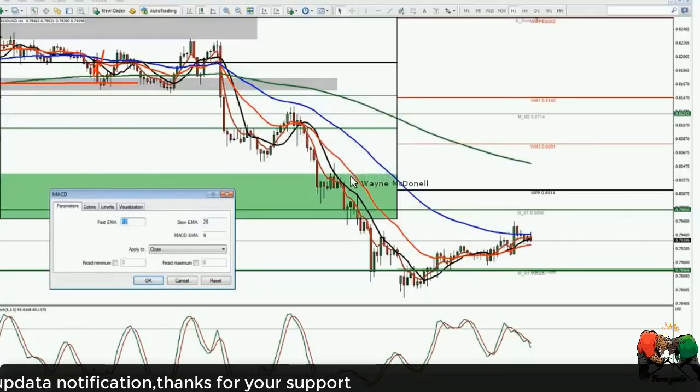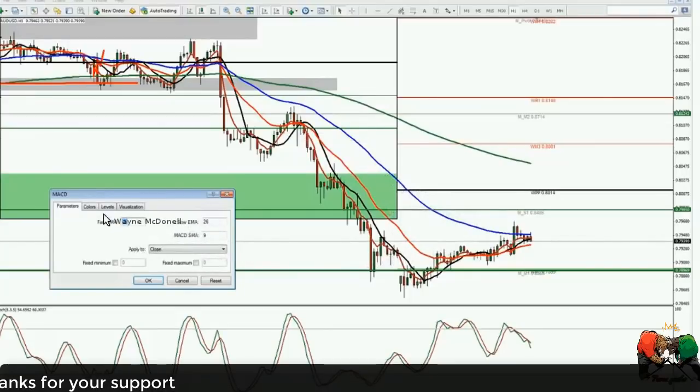Well, I want to measure the angle and separation between the 21 and 55, right? So in the fast EMA, I'm going to put 21. In the slow EMA, I'm going to put 55.